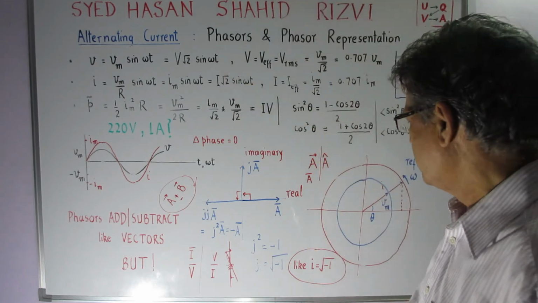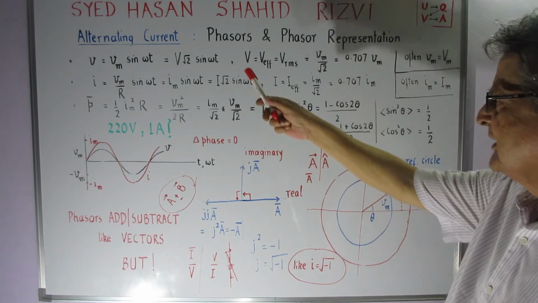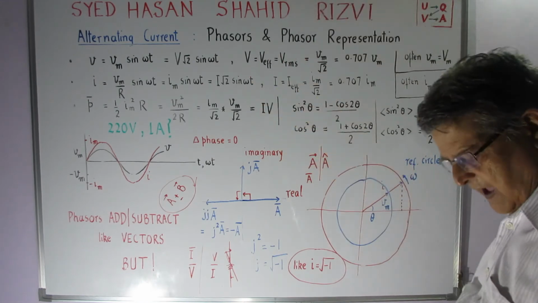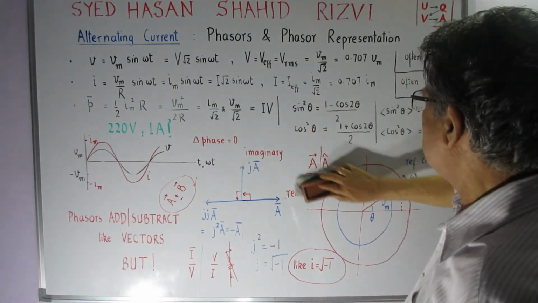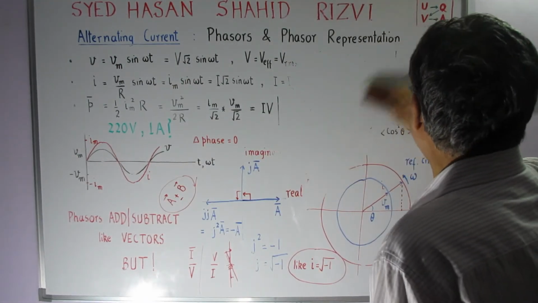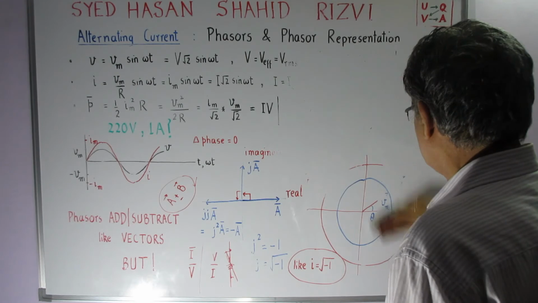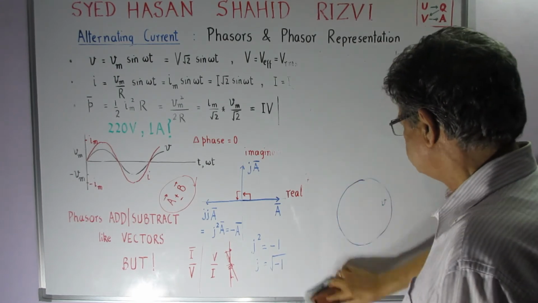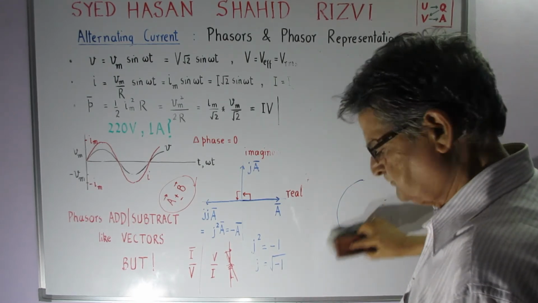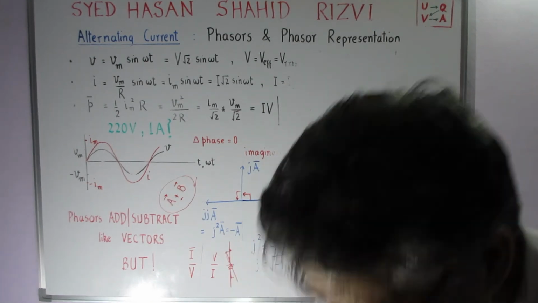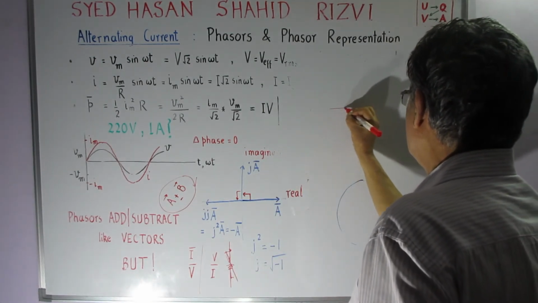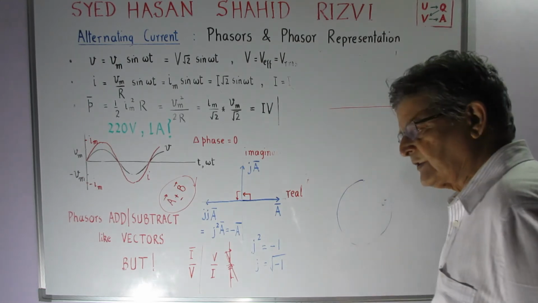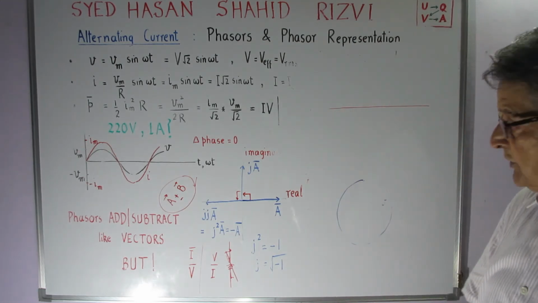So, phasors. And once we have phasors, we can talk about the resistor case as, for example. Now, I have this real axis.